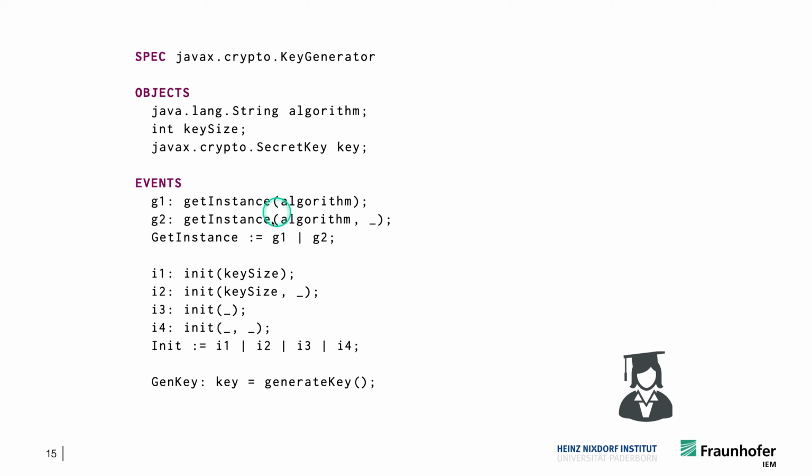And this is the first half of a typical CrySL specification. And what you see here is first of all a header that tells us for which particular Java class we are now writing the specification. And there is a Java API called KeyGenerator, and we are now here specifying its usage rules.